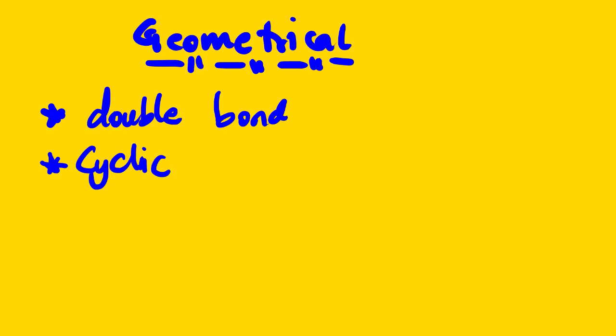Remember the double bonds, the alkenes. Whenever we have alkenes, just know that we are talking about the double bond. So geometrical isomers exist when you have a double bond and in cyclic compounds. Let us look at the examples.